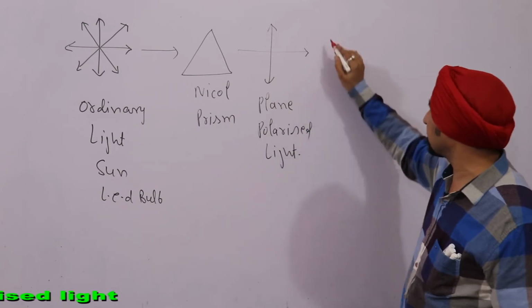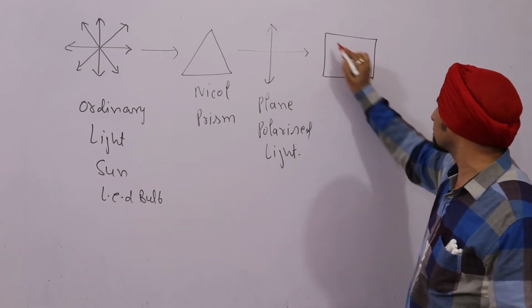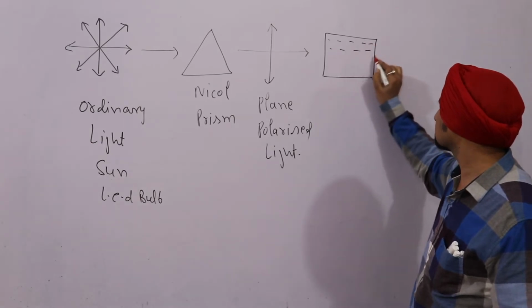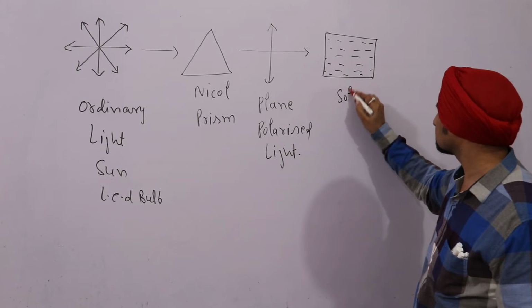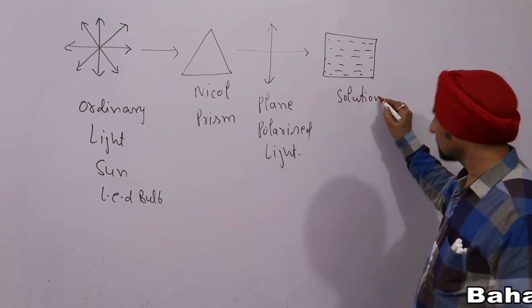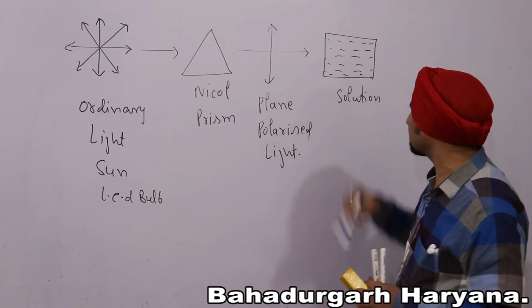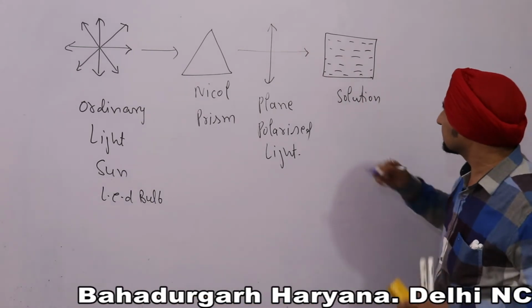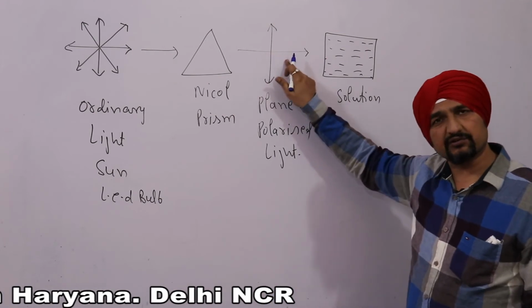Now when this plane polarized light is passed through a solution, suppose this is a solution, any solution, this solution will either rotate the light or it will not rotate the light.